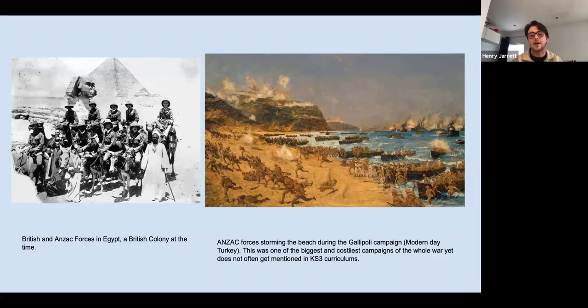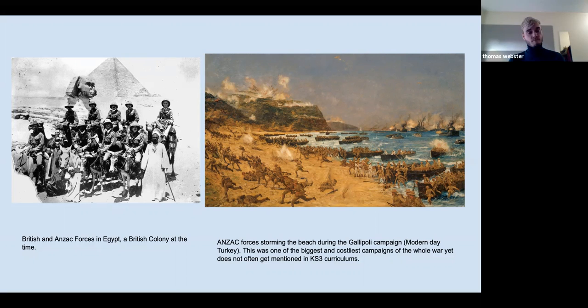On the right-hand side is an artistic impression of the Anzac forces landing at a beach during the Gallipoli campaign. Now, Gallipoli was a campaign in what's modern day Turkey against the Ottoman Empire, and was actually one of the biggest conflicts and military operations of the war, but it never seems to be looked at in Key Stage 3.